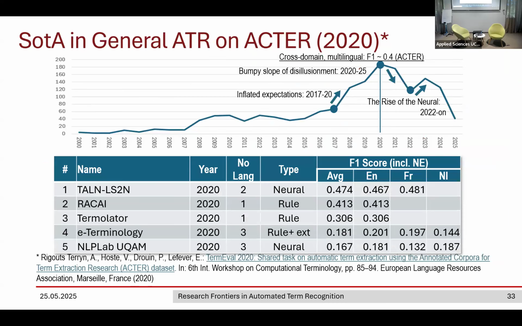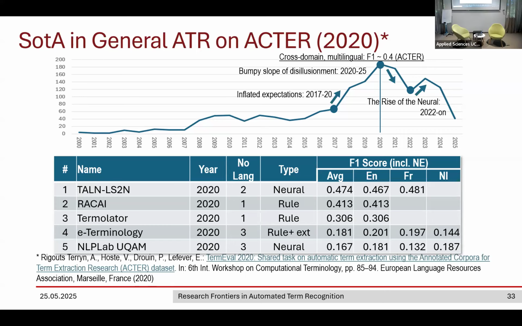So this is the state of the art at 2020 in general automated term recognition on the ACTER dataset, which is the corpus in 3 parallel languages, English, French, and Dutch, and contains texts in 4 different domains.